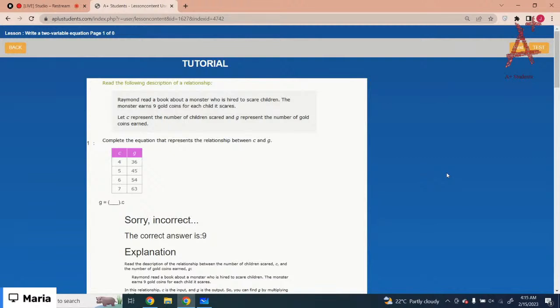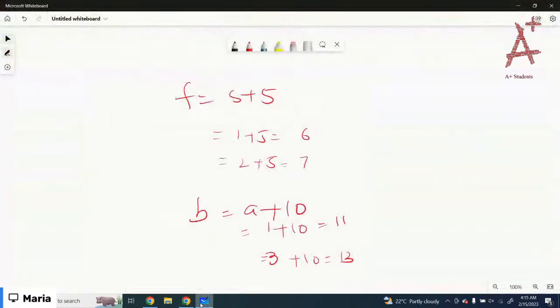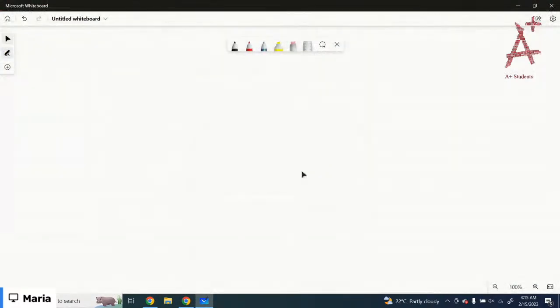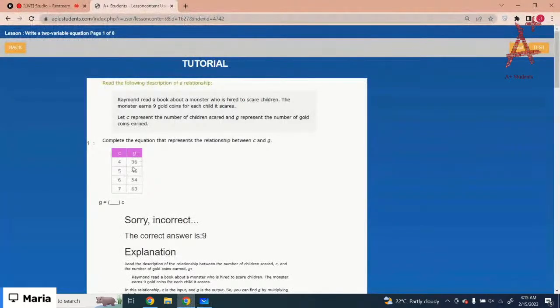You have to just find out the relationship between the values of C and G. Got it? So just look at the values of C and G. The equation would be G equals some missing number times C. Here you have 4 and here you have 36. Then 5 and 45.